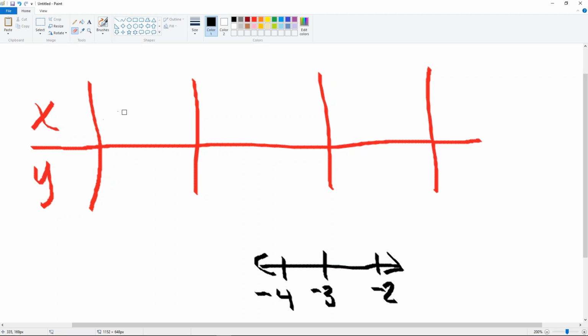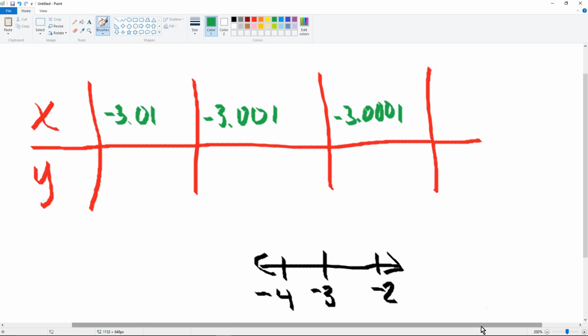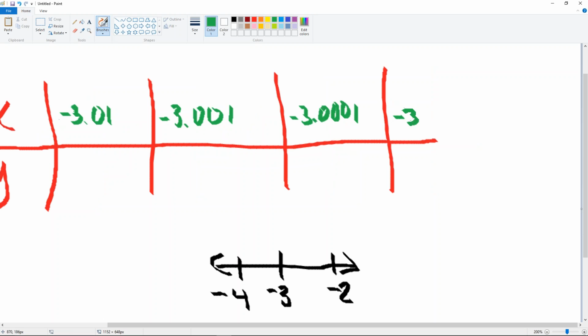Mm-hmm. So we're going to want negative 3.01, negative 3.001, negative 3.0001, and negative 3.00001.